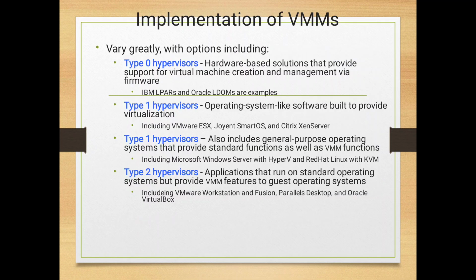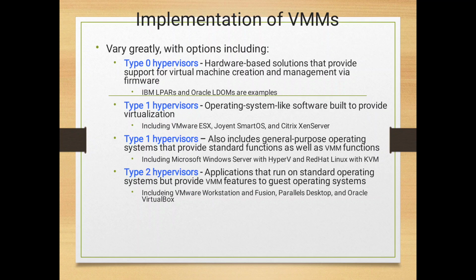The implementations of virtual machines vary greatly, with options including type 0, type 1 hypervisor and type 2 hypervisor. In type 0, hardware-based solutions provide support for virtual machine creation and management via the firmware.